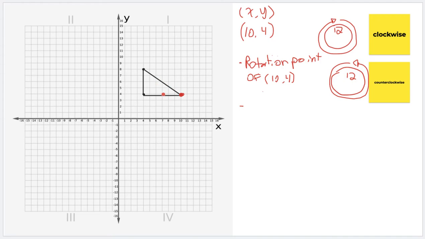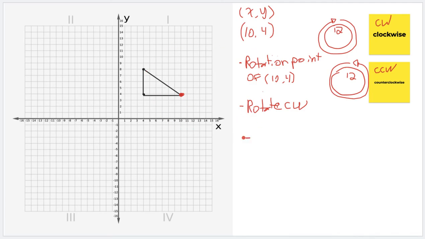How do we want to rotate this today? We're going to rotate clockwise. Rotation point of 10 and 4. Rotate clockwise. So I used a short form there. For clockwise, we use CW, counterclockwise, CCW. Okay, now great. So we know that we're rotating clockwise, but we need even more information.